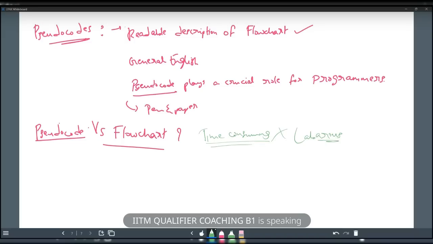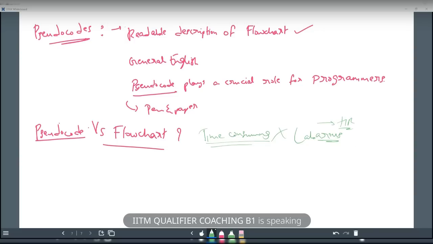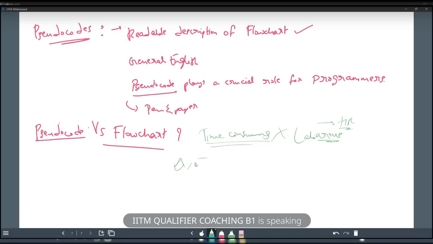What does the word laborious refer to? It requires human resources. In order to build a flowchart, we need some people. Also, a flowchart consists of various symbols like diamond box, rectangle, circle, and there is a chance of misinterpretation by the programmer whenever the person who prepares the flowchart makes a simple mistake. So a flowchart is too delicate or sensitive towards symbols.